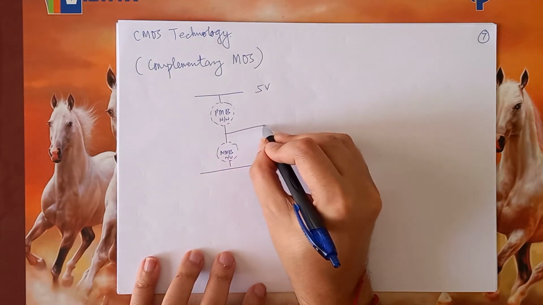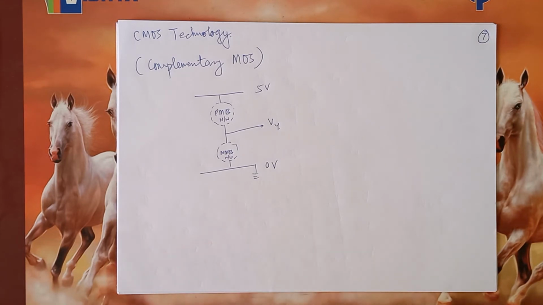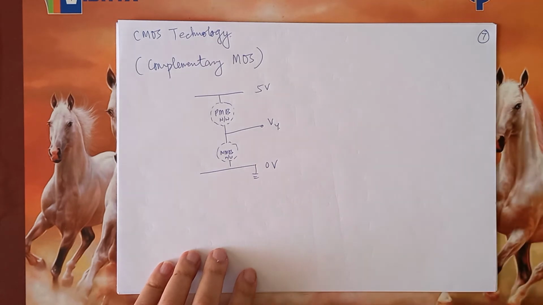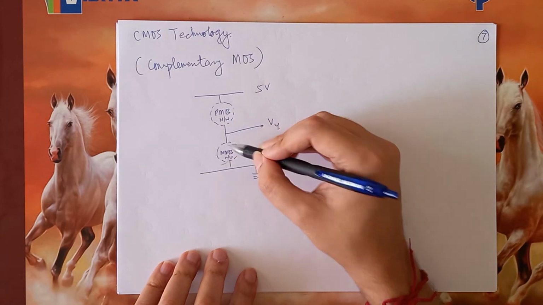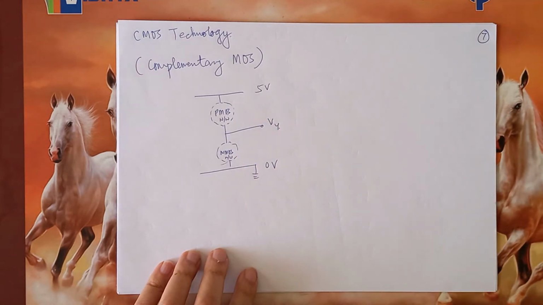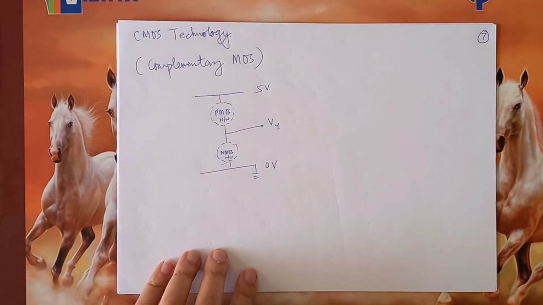And here what we are seeing is the output Vy. What we have seen so far in our discussions is that it never so happens that both the top network and the bottom network are on together, or both of these are off together.